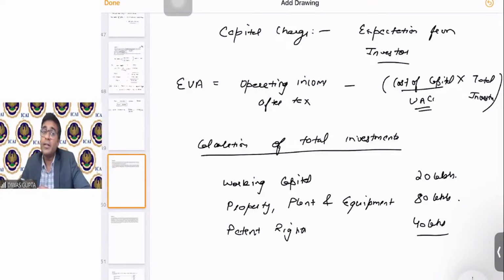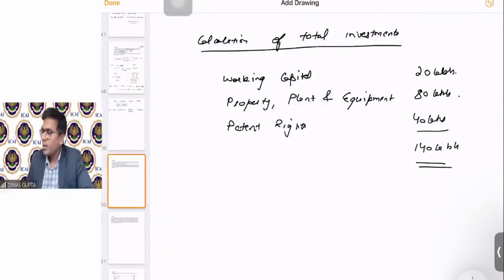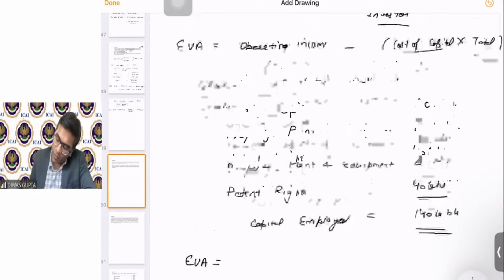This will be used for another 8 years, and the value that we can derive out of it is 40 lakhs, which is the present value, right? So this becomes 140 lakhs, correct? So the capital employed is this much.